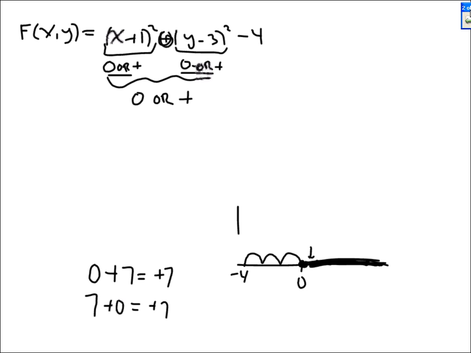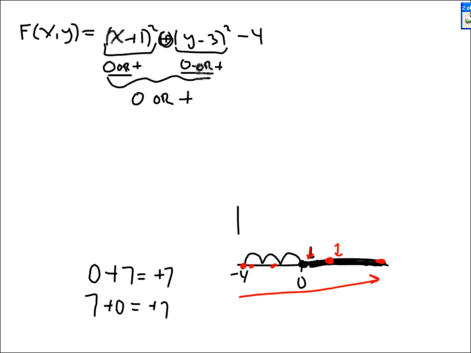If you're right here and you take away 4, you end here. If you were here, you take away 4, you end here. If you were way out here, you take away 4, you end up here. That is, you are now going to be from negative 4 or above.